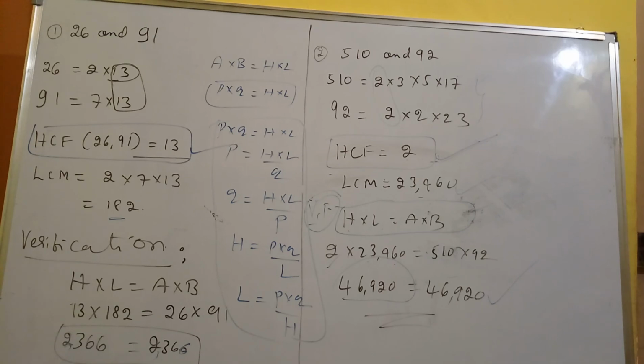What is HCF? HCF means highest common factor: the product of the smallest power of each common prime factor in the numbers. I'll repeat once again. What is HCF? Product of the smallest power of each common prime factor in the numbers. What do you mean by LCM?